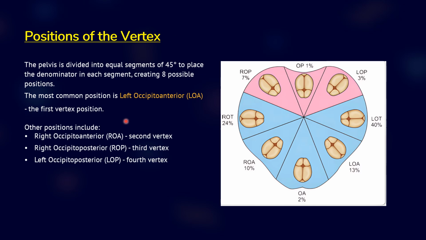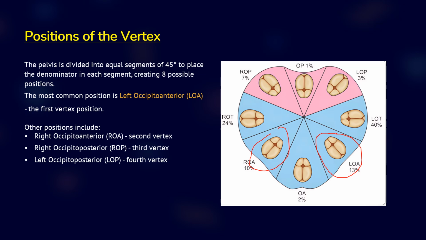Okay, so first, usually the most common position is the left occipito anterior, which is this part. This is the most common position. And second is the right occipito anterior.